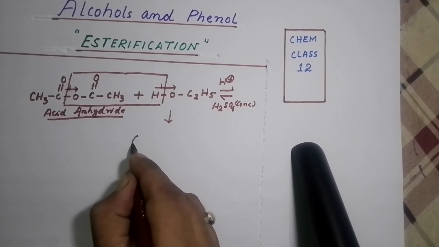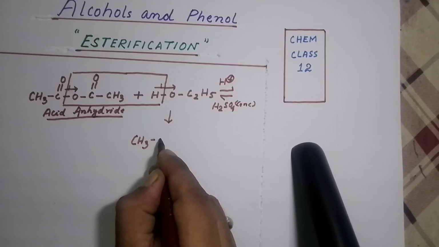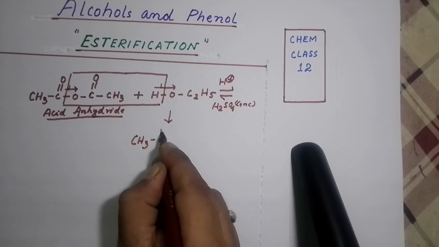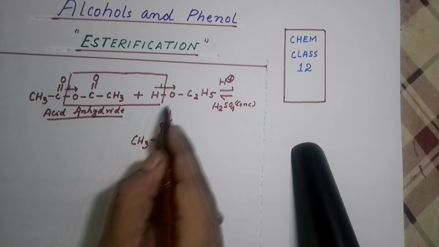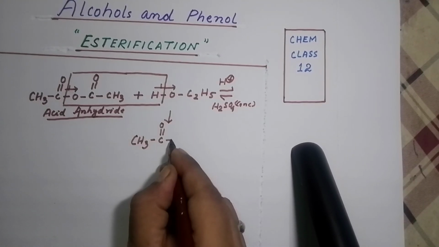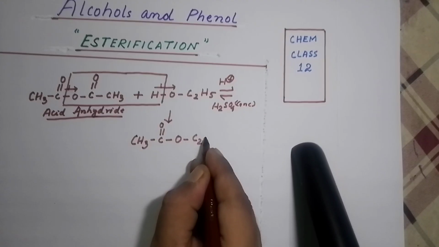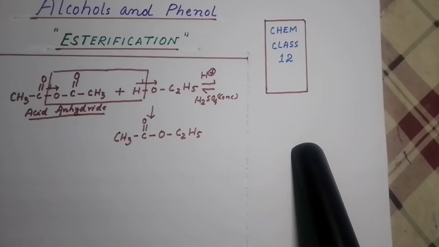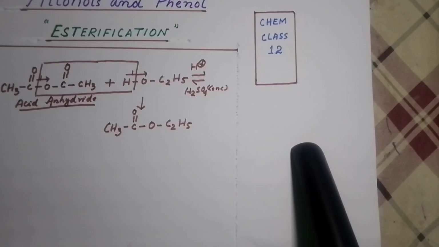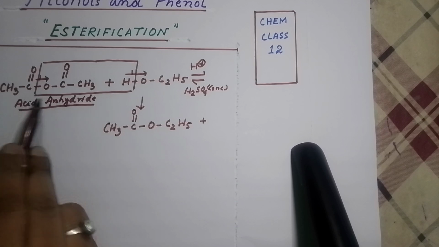The product will be CH3CH2O, that is CH3COOC2H5, right? Then plus, what do you get from here?